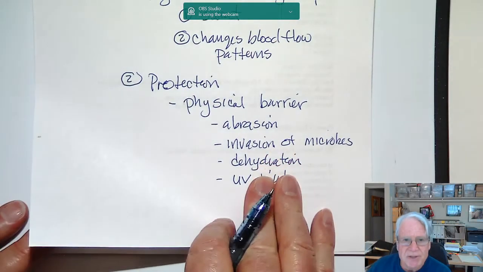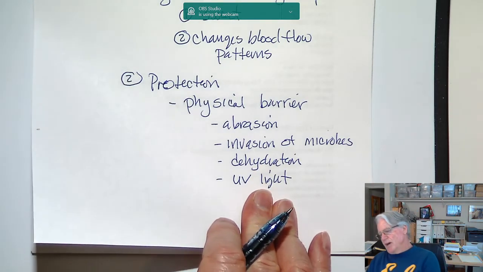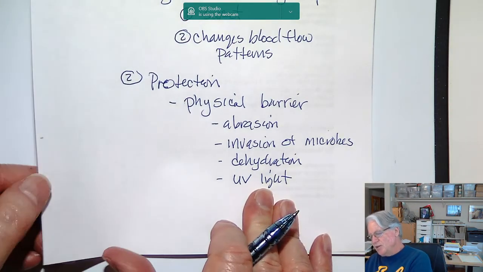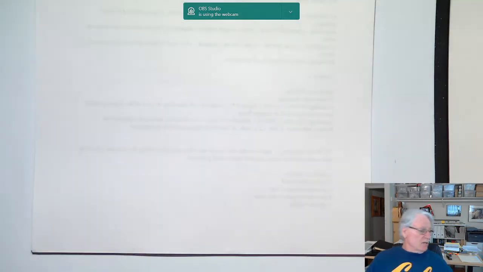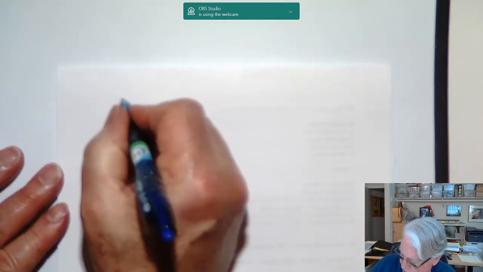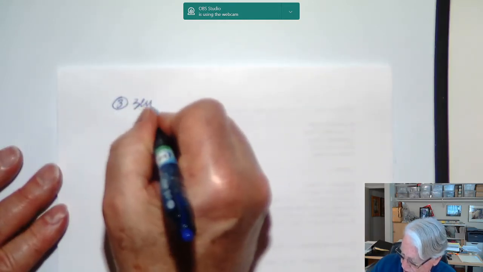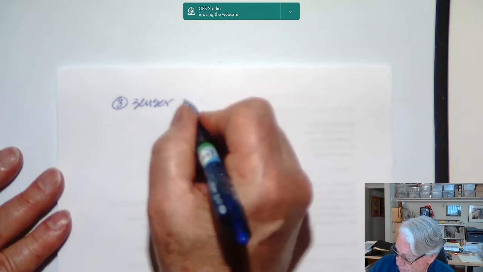The skin is also available to take in information, sensory information. So let's talk about that. And that would be number 3 on our list. Sensory information.